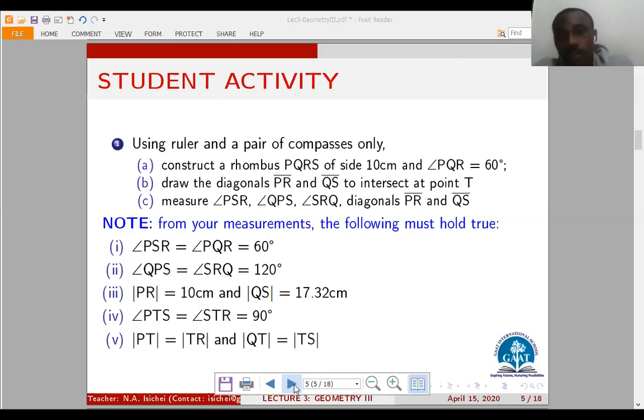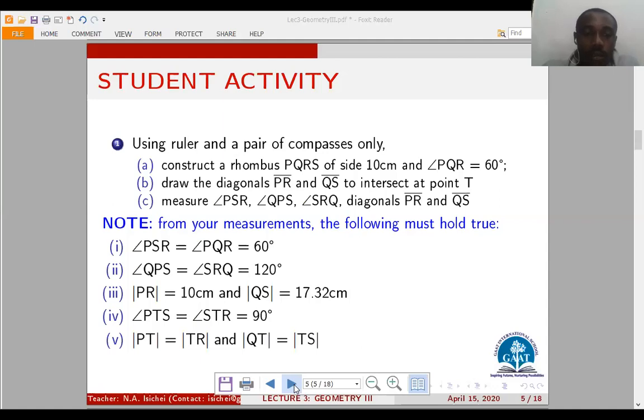From your measurements, the following must hold true, provided you complete your construction correctly. 1. Angle PSR should be equal to angle PQR, and that should be equal to 60 degrees. 2. Both angle QPS and SRQ should be equal to 120 degrees. 3.